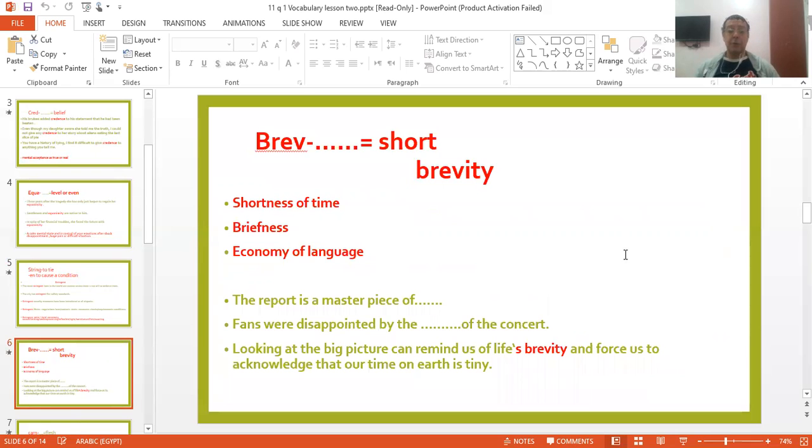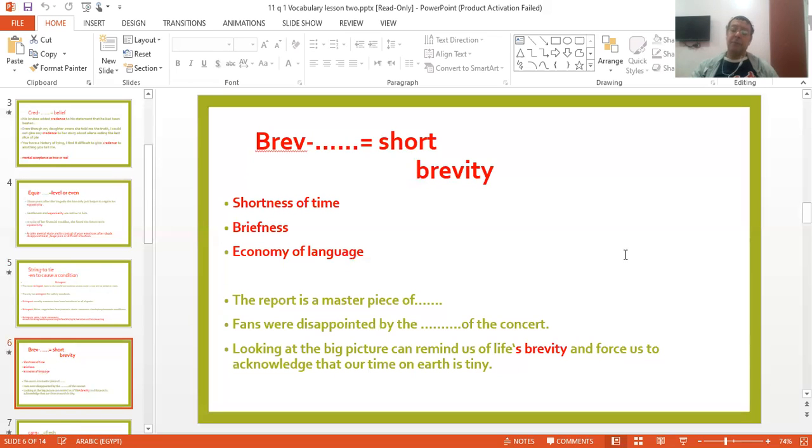We have this word, brevity. Brev means short, so brevity means shortness, briefness, being brief and short, which sometimes is a good thing when we write or talk, which means it's the opposite of wordiness. Oftentimes, we advise American diploma students who sit for the ACT or SAT tests or similar tests to avoid wordiness.